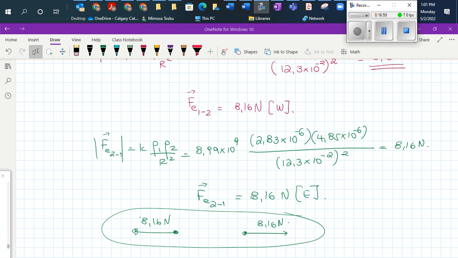Those two forces are experienced on two different objects. So this force is experienced on charge Q1, and this force is experienced on charge Q2. This is why those two forces do not cancel out.